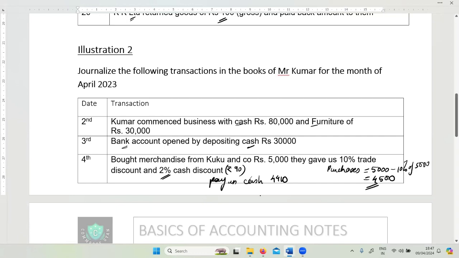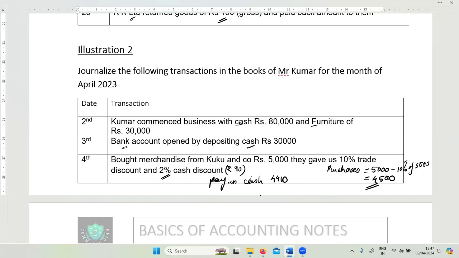So again, I'm repeating, we have to first reduce the trade discount of 10% that Cuckoo and Company has given us, right? So that comes to 4,500, which is the purchases amount. We don't need to write two transactions, first stating Cuckoo and Company and purchase and then again cash discount. No need. Purchases made are 4,500 and these are paid off. And when we are making the payment, we received a 2% cash discount.